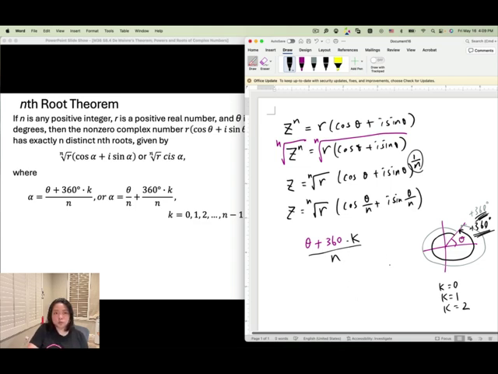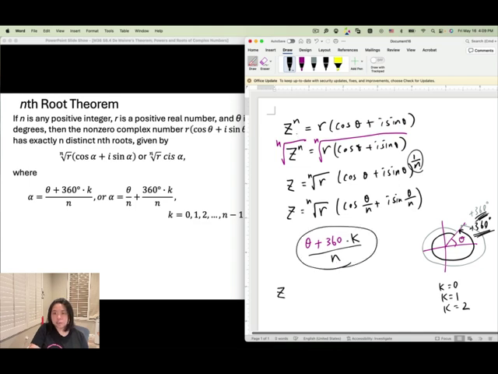So when you want to apply the nth root theorem, for the modulus r, you take the nth root of it. And then for the theta, it becomes this.